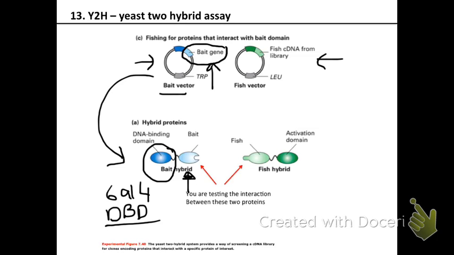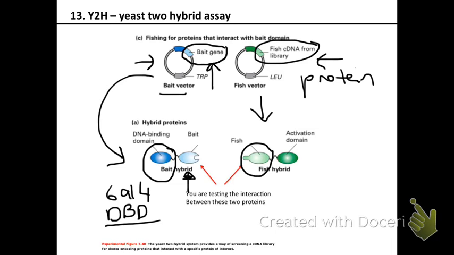In this plasmid, you clone another protein, in this case the fish, in a way that when it's expressed, it will be fused to the activation domain of a yeast transcription factor. In most cases, this is going to be the GAL4 activation domain.